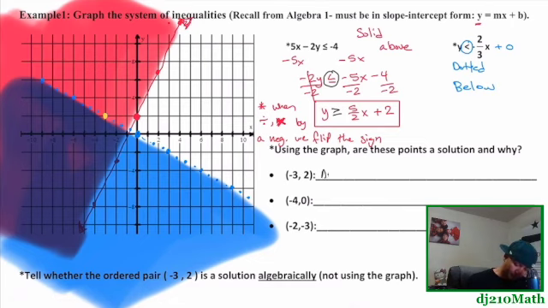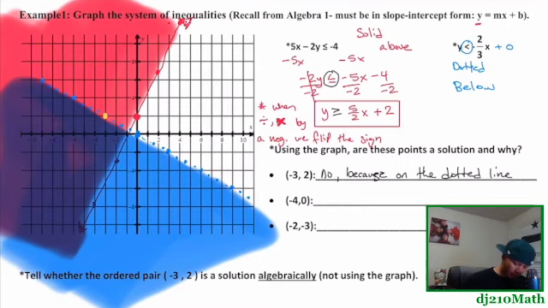Therefore, it is not a solution. So we'll say no. And it's because it's on the dotted line. However, it's in the red, so it'll definitely satisfy the red equation, or the equation to the left, but it will not satisfy the right equation. Therefore, it's not a solution to both of them.